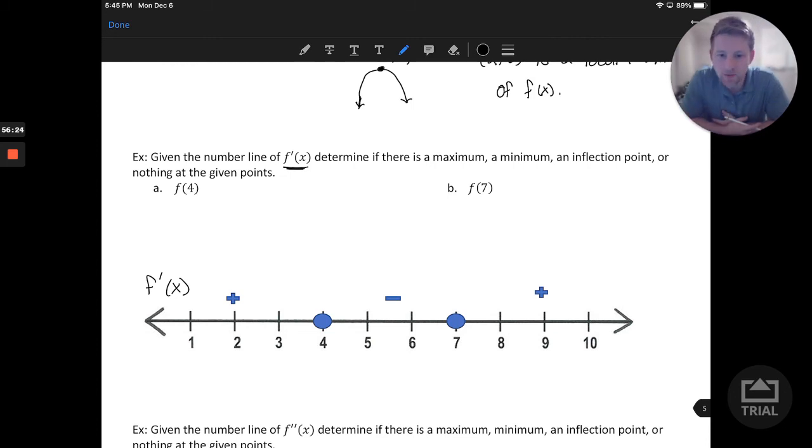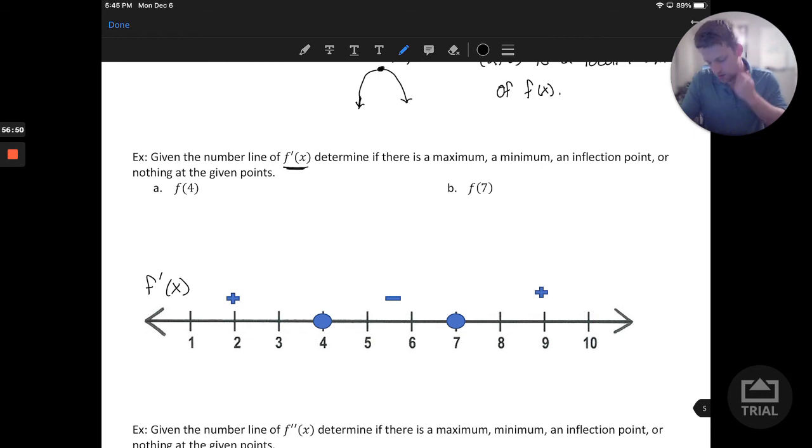And we'd like to know what's happening at these individual values, both 4 and 7. If I look at the points 4 and 7, these values are by nature the critical points, because these are where our function's derivative is equal to 0. That's what these dots will represent.